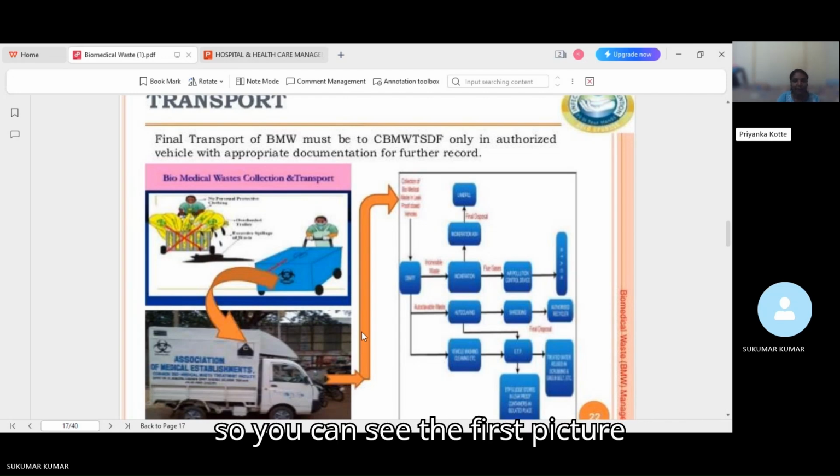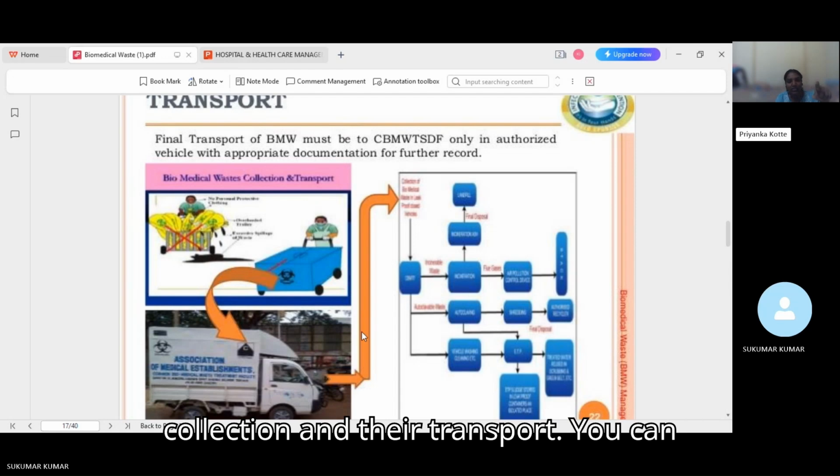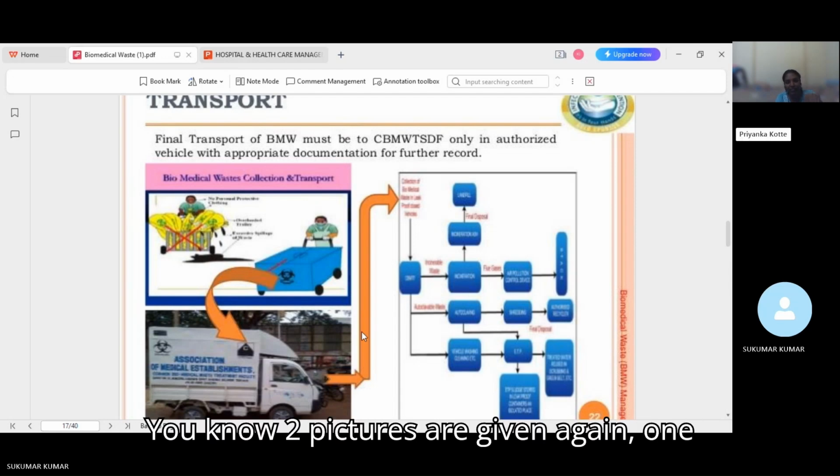You can see the first picture under the pink heading, biomedical waste collection and transport. Two pictures are given.